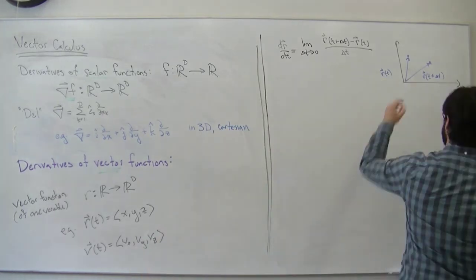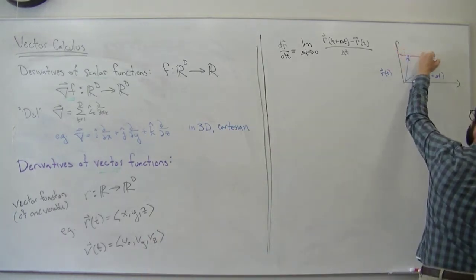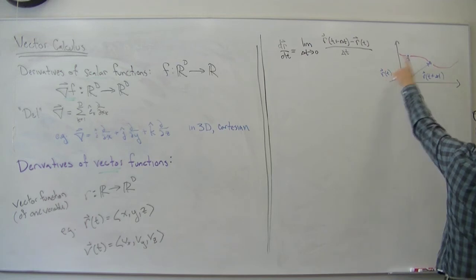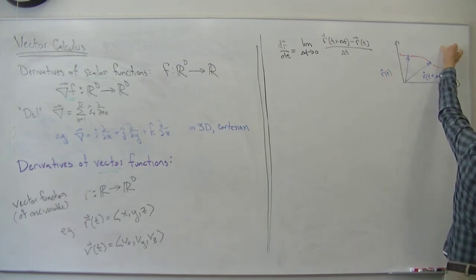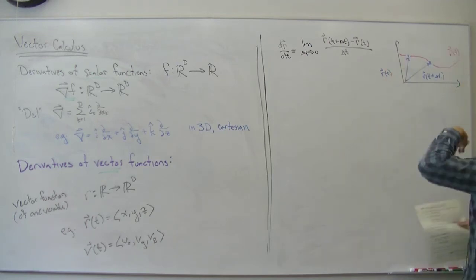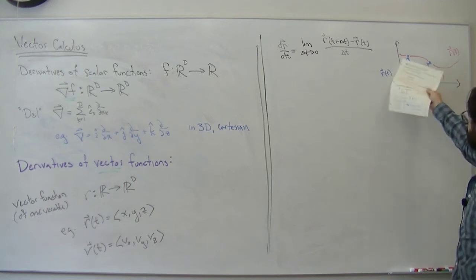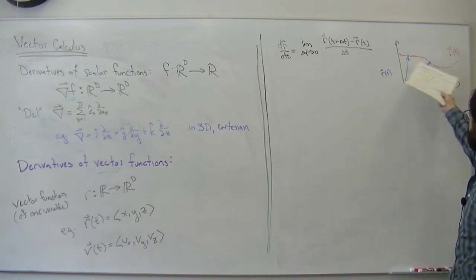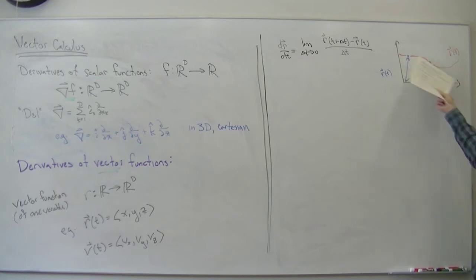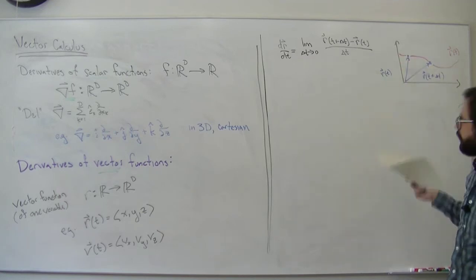That's the curve that r of t sweeps out. So that's r of t itself for some arbitrary t. I subtract these two vectors, and that's the vector that goes from here to here, and I take the limit as delta t goes to 0.